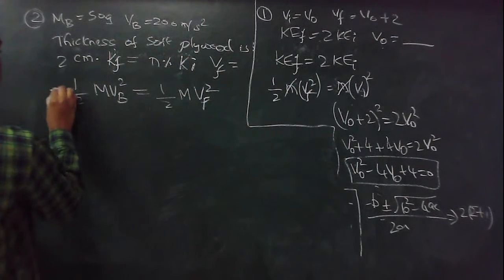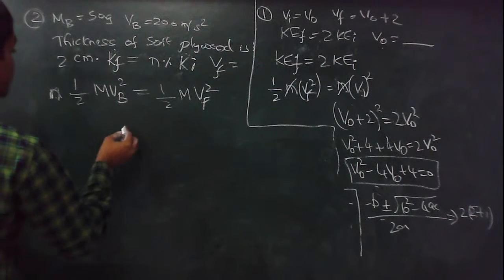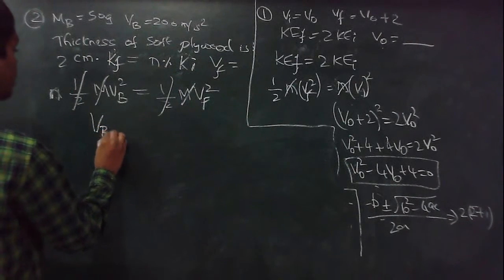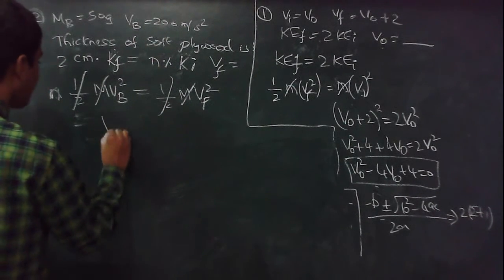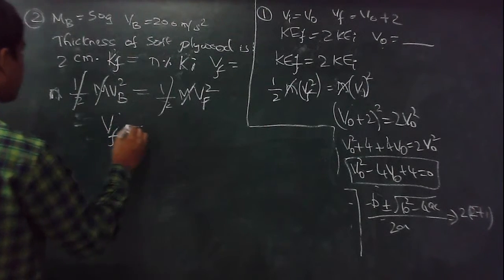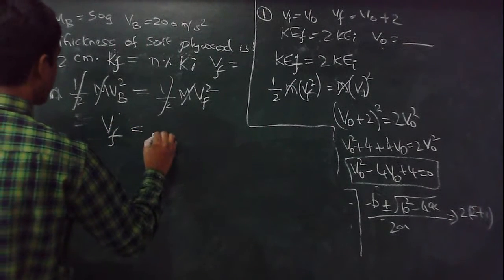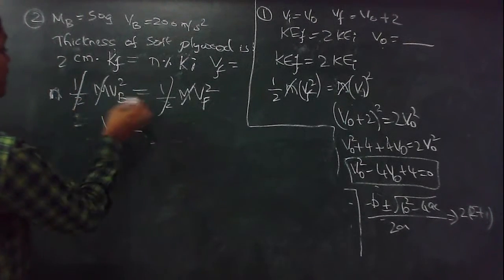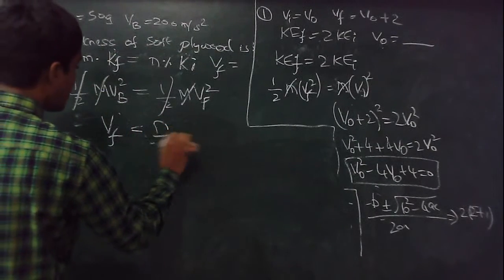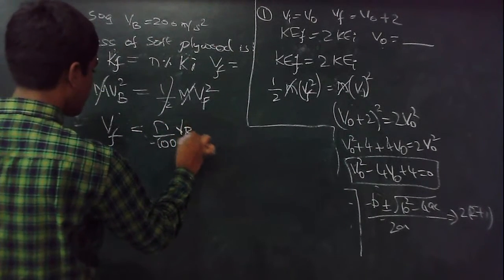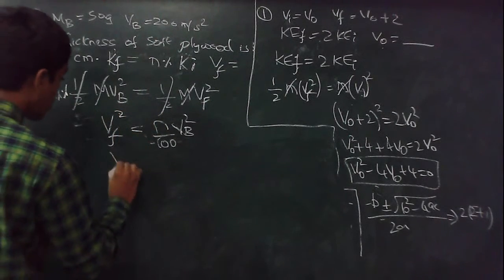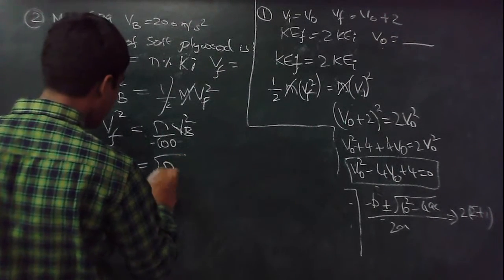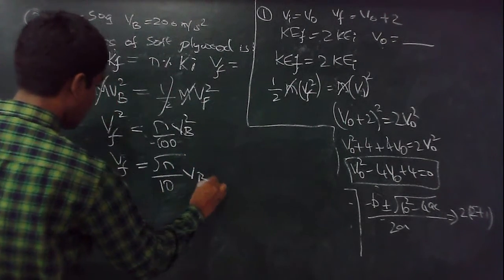So from this you can get that V final is equal to root of n by 100 of V bullet square, so V final is equal to root n upon 10 of V bullet.